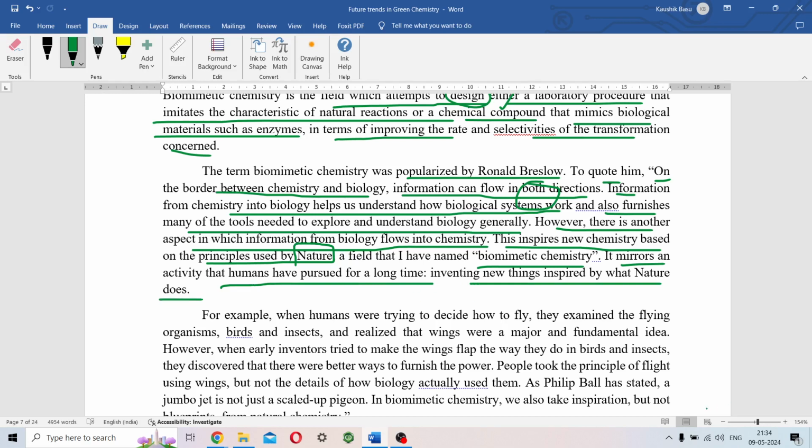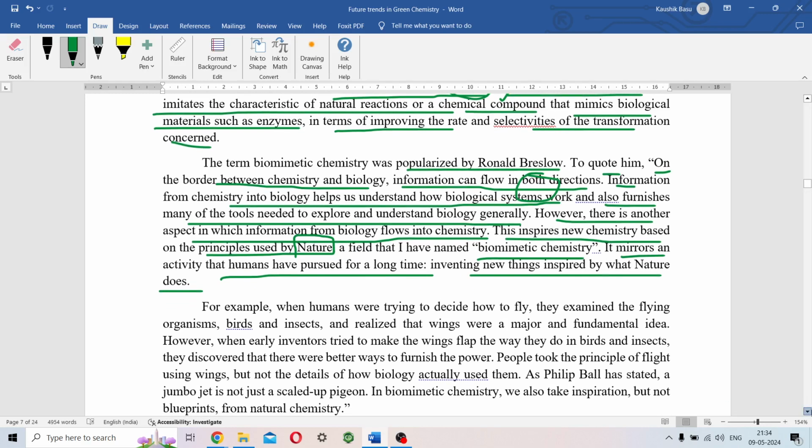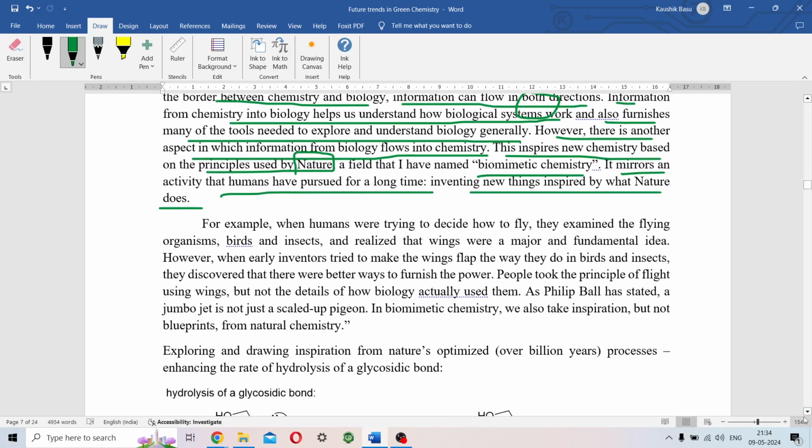Now, nature is a tremendous chemist, because the selectivity that an enzyme has is really marvelous, and to replicate the same sort of selectivity with the same sort of efficiency inside a lab has proved to be one of the most challenging tasks organic chemists have ever undertaken.